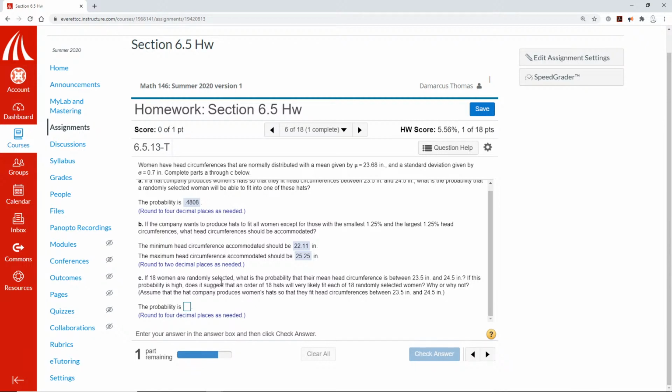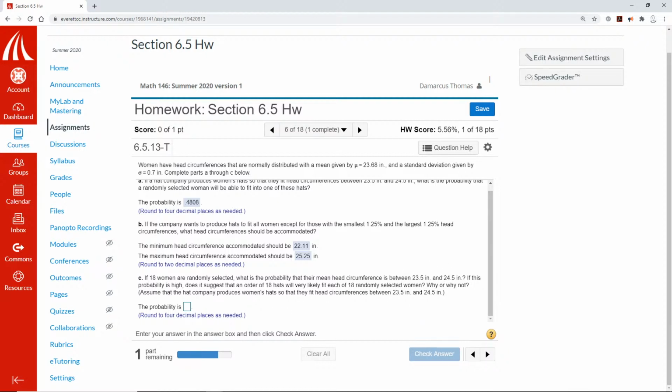We can't use the normal distribution. That normal distribution was for women, one woman. Randomly selected women. Now we're talking about a group of 18 women. So what we need is a random sampling distribution of 18 women.